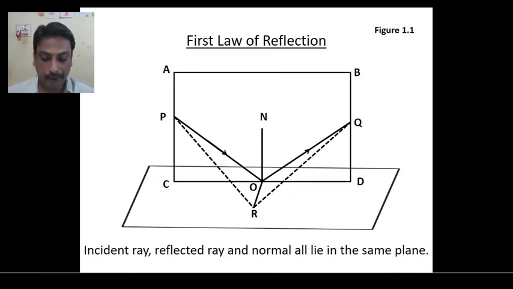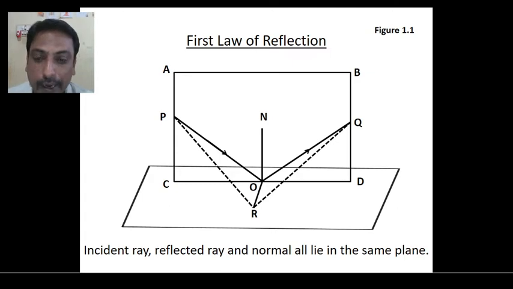Now consider a point R which is away from the plane ABCD and OR is normal to the plane ABCD. Now a ray of light is incident along PR and gets reflected along RQ. From geometry, it is clear that PR is greater than PO, and RQ is greater than OQ. Am I right?